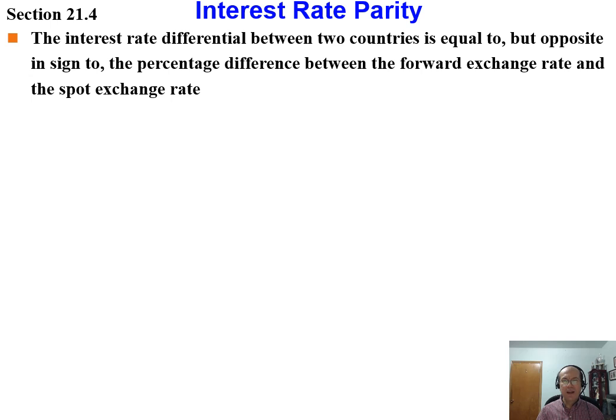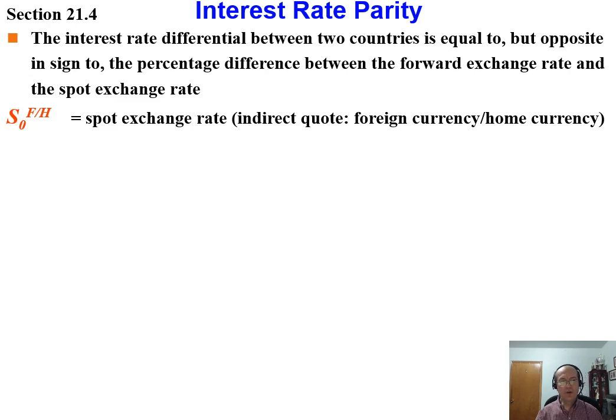In other words, if one country has a higher interest rate, the currency of that country will be sold at a discount in the forward market. So all this difference between interest rates is compensated by the difference between the forward exchange rate and the spot exchange rate.